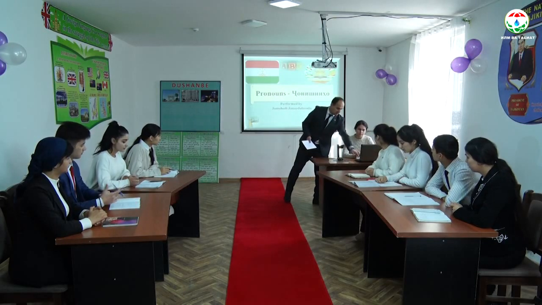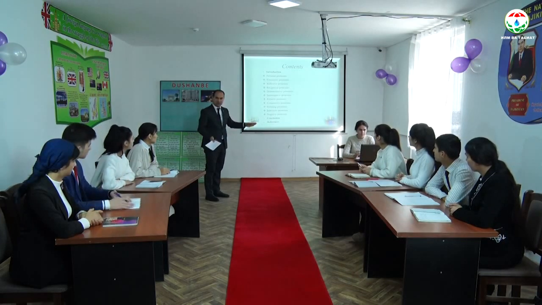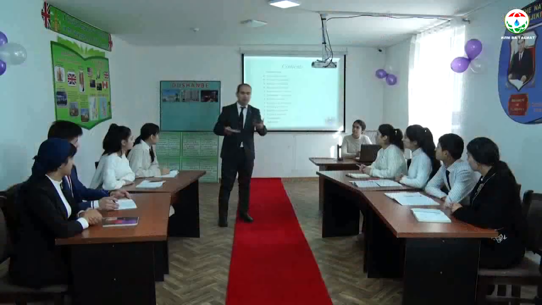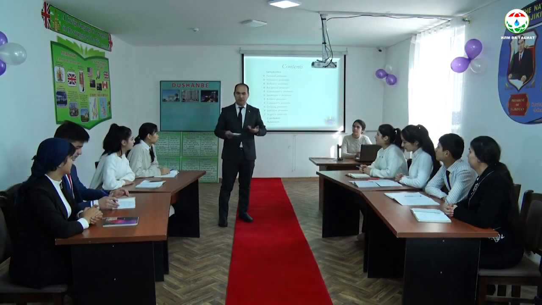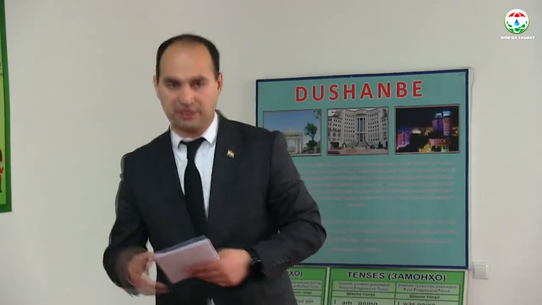So, as we know, in the English language there are a lot of pronouns: personal, possessive, reflexive, reciprocal, demonstrative, interrogative, relative, conjunctive, defining, indefinite, negative pronouns. Today our theme is personal pronouns, and today we must make sentences and give examples only about personal pronouns.